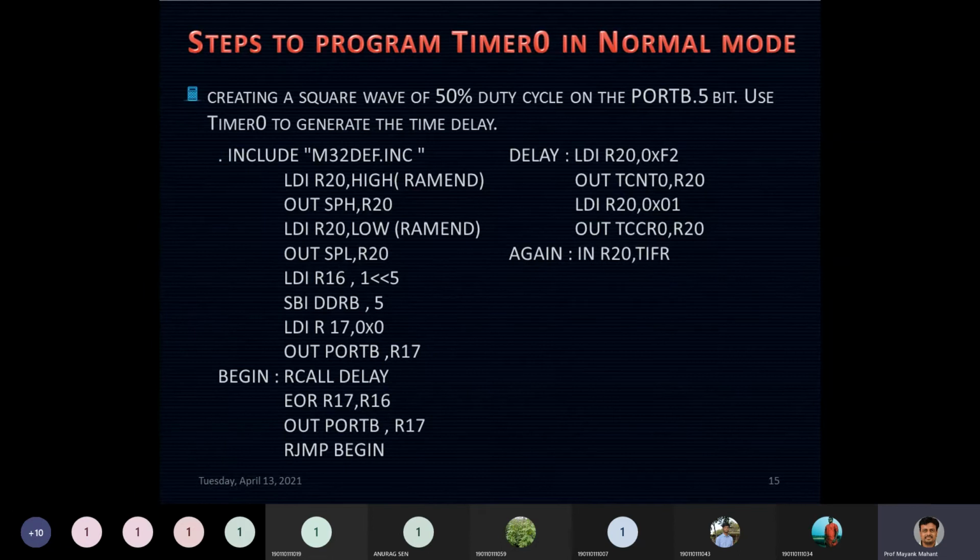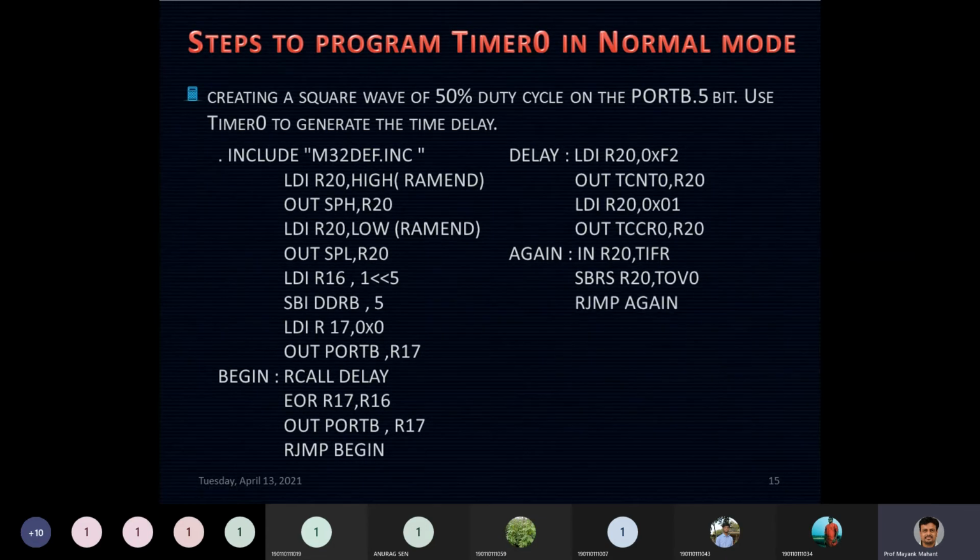Now the next thing is we need to continuously monitor our TOV flag. The TOV flag is in our TIFR register. So I will copy the content of my TIFR register into R20. I will use SBRS, which means skip the next instruction if the TOV flag is 1.